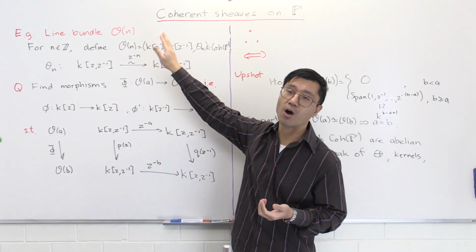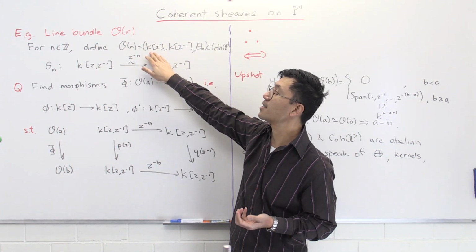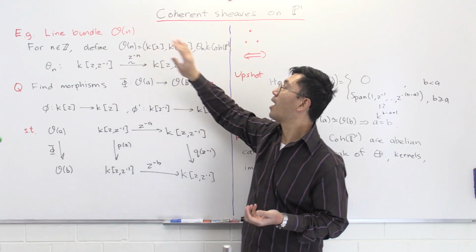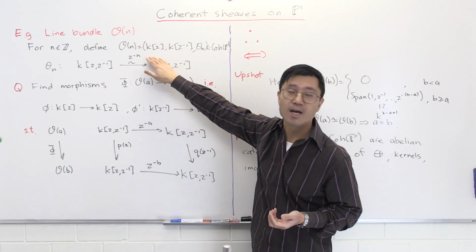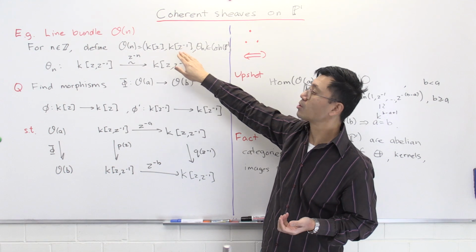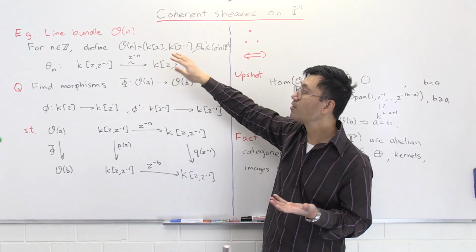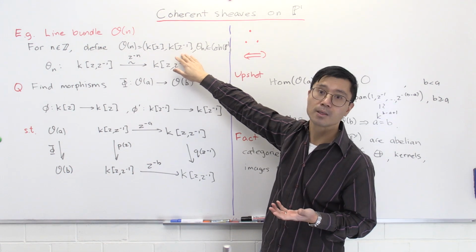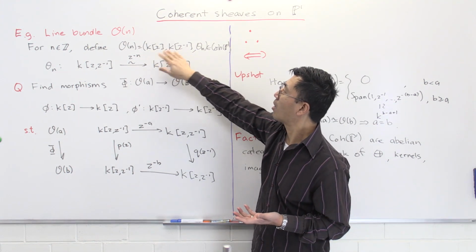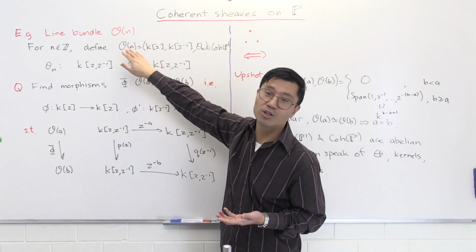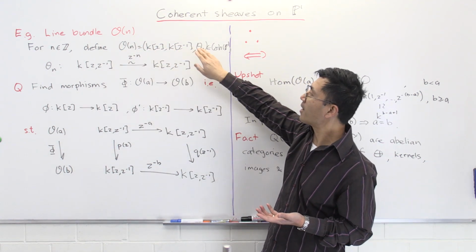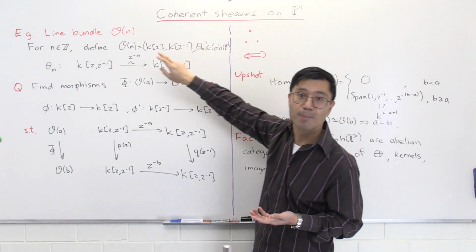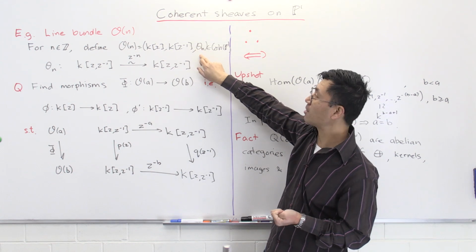We need the sheaf on A1_z, so that's going to be the k[z] module k[z], just a regular module, free of rank 1. We also need the sheaf on A1_z inverse, so that's going to be k[z inverse], the regular one. Note this is independent of n. And then the thing that changes and depends on n is the descent datum, theta_n.